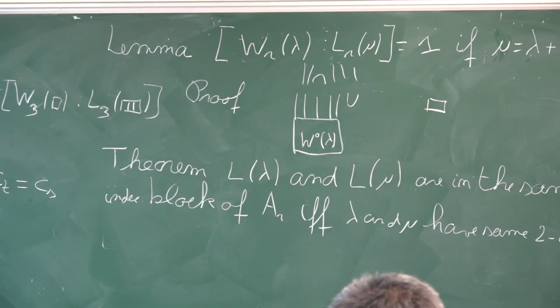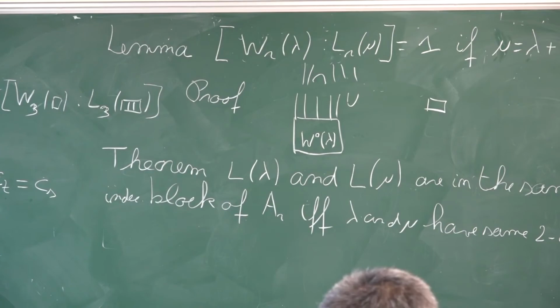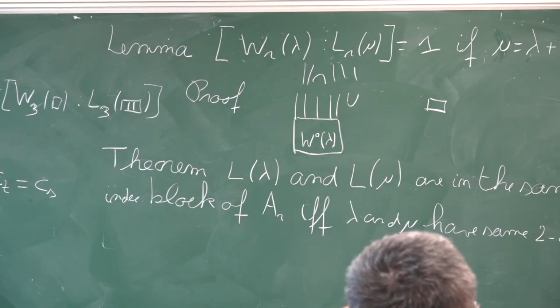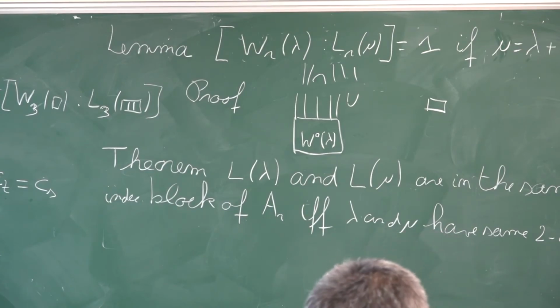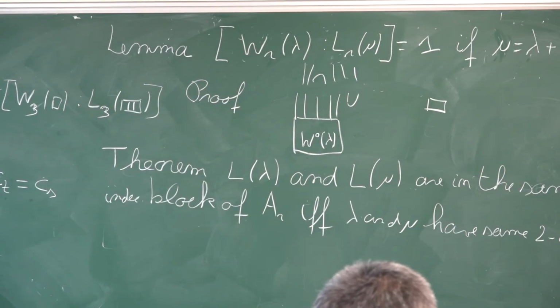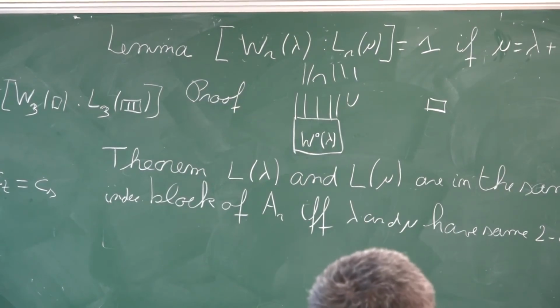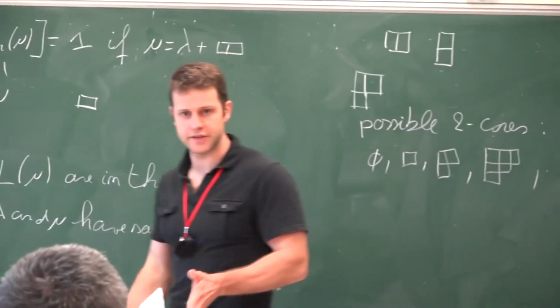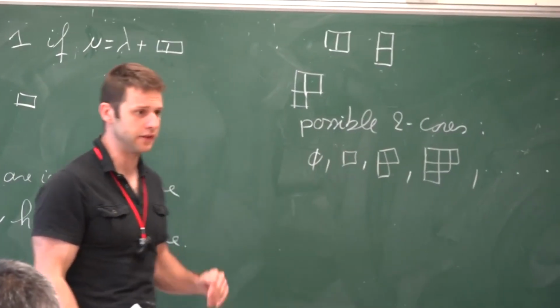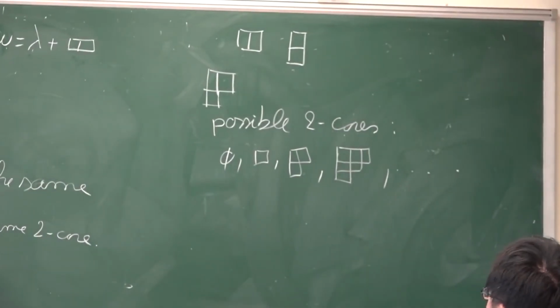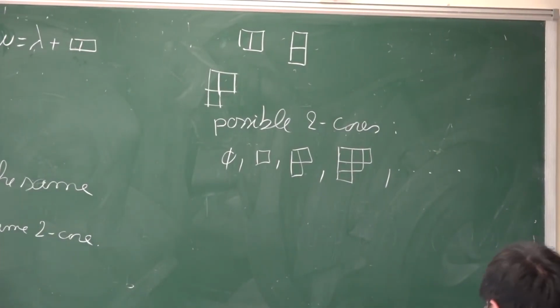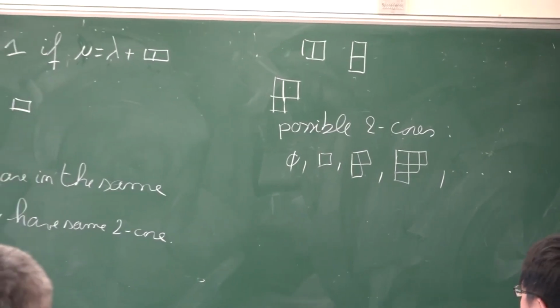So the possible 2 cores are the empty partition, this one, the one that we've created here, etc. Any partition has a 2 core, which is one of these. And so the claim is that the block decomposition just depends on those 2 cores.